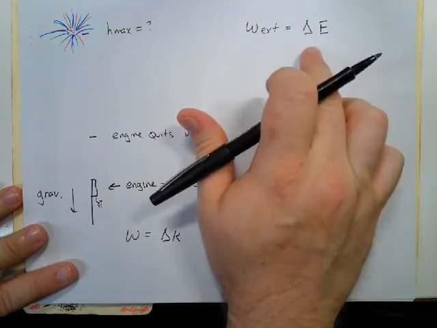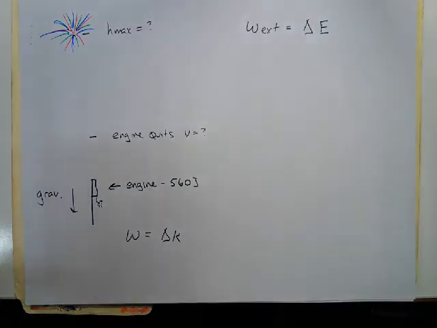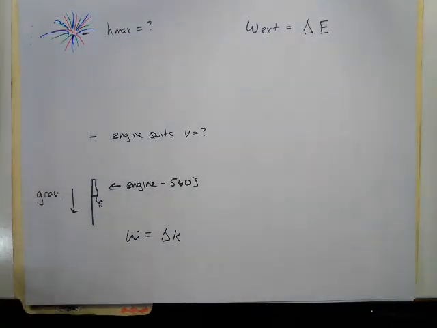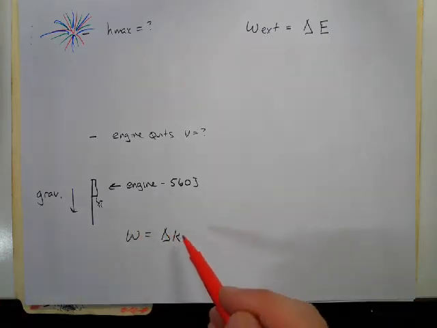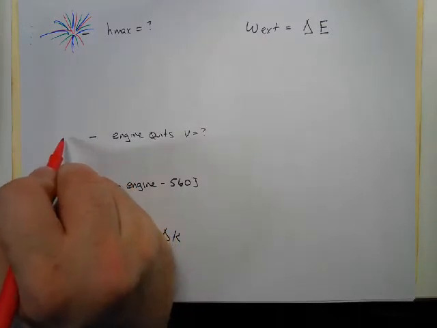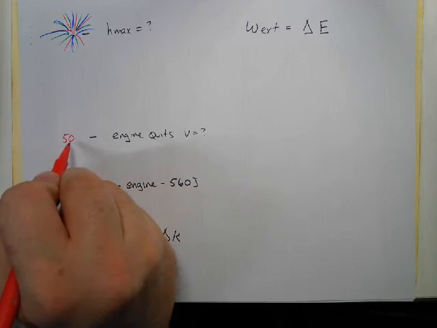The change in energy is going to be based on the final energy when the rocket engine quits and the initial energy when it starts. We'll also say that the engine quits at, say, 50 meters.